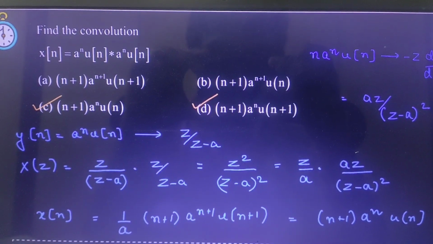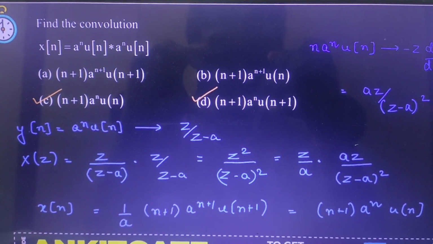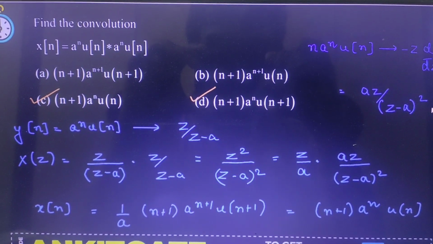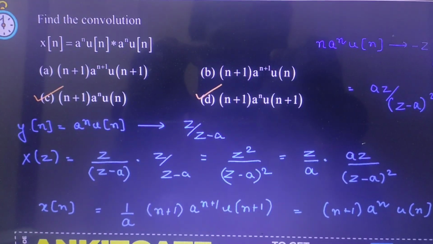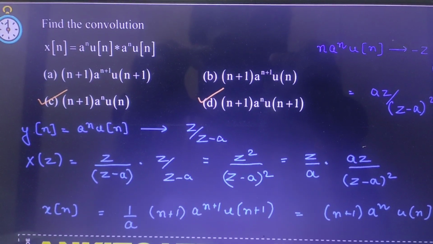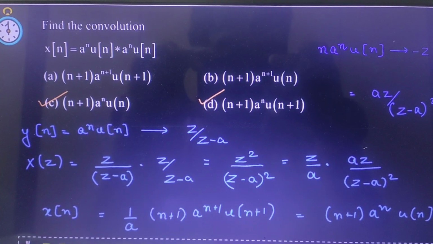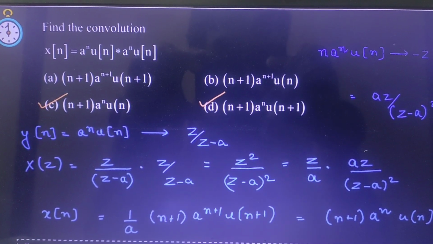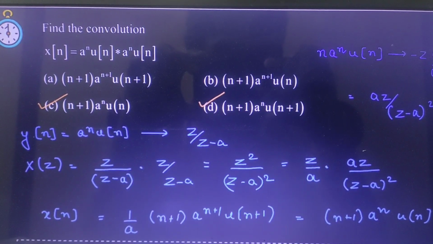The next problem is also in the same form. A power n u of n, you can write as z by z minus a. By multiplication two times, you will get z square by z minus a whole square. You can write it as z by a into az, multiplying and dividing with a, z by a into az by z minus a whole square.